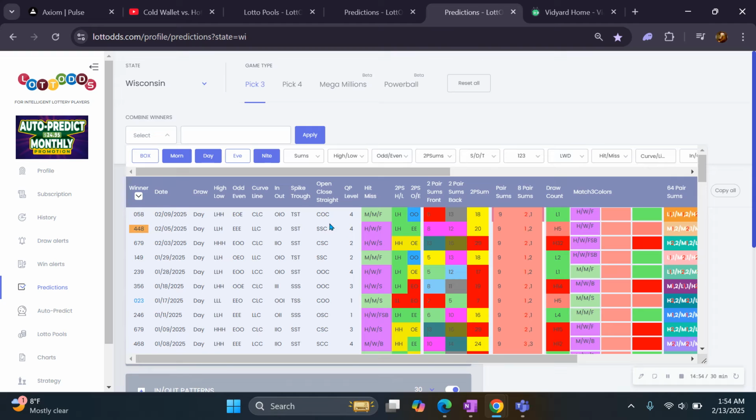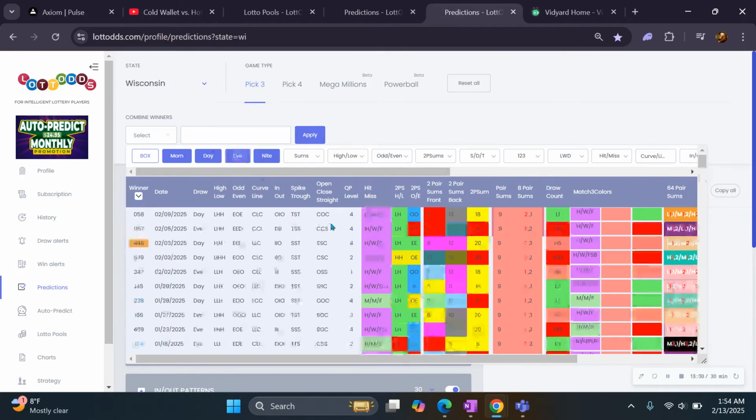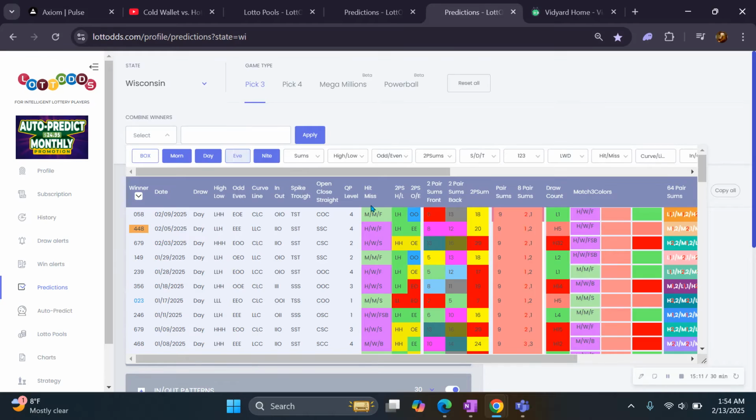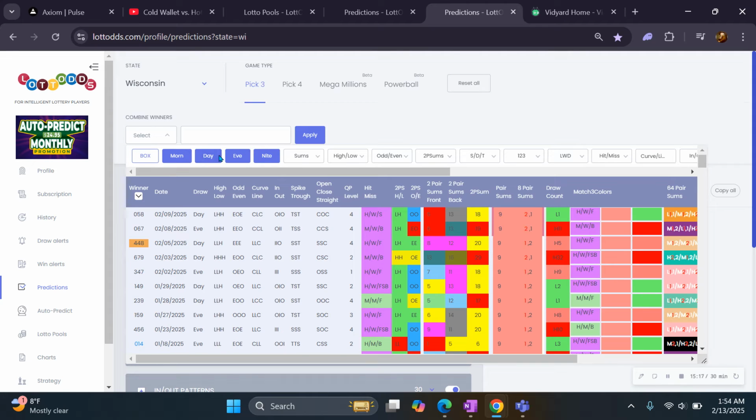And you can, okay, I'm going to have to put these on paper to make more sense. I'll do that later. But all I'm trying to show is that you can do not just a purple with this, but you can do purple with the combined and the daytime alone. Or tomorrow, after a midday draw, you could do the evening.